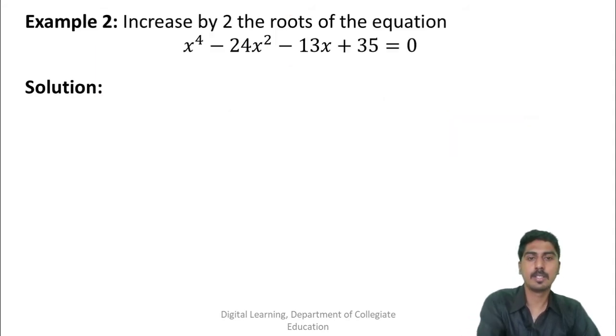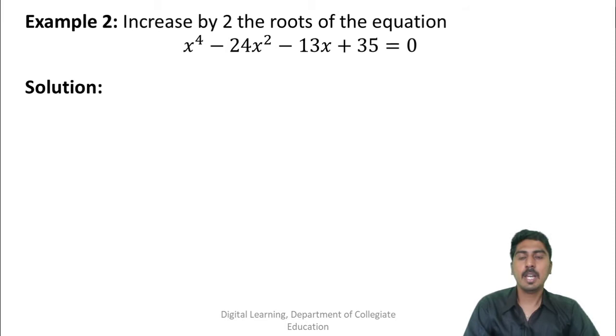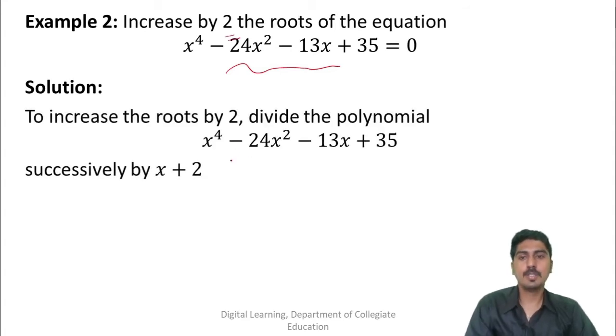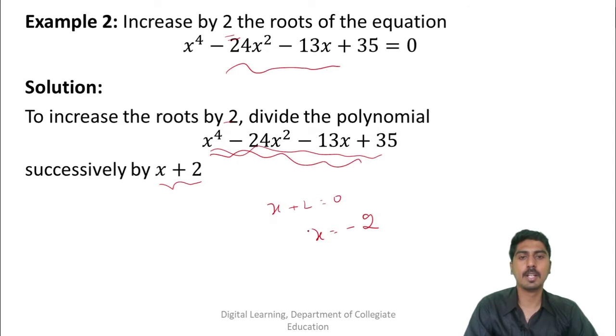Next we shall discuss one more example. Increase the roots of this equation by a quantity 2. To increase the roots of the equation by 2, we divide this polynomial successively by x + 2. If x + 2 is 0, then x is -2. To use synthetic division, we divide the coefficients of this polynomial successively by -2.